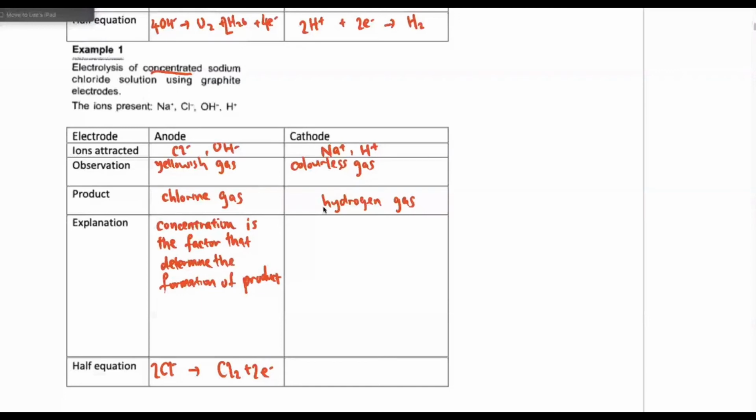For the electrolysis of concentrated sodium chloride, you have also written the explanation for the cathode part, right? You mean the hydrogen gas? Yeah, hydrogen is less reactive.